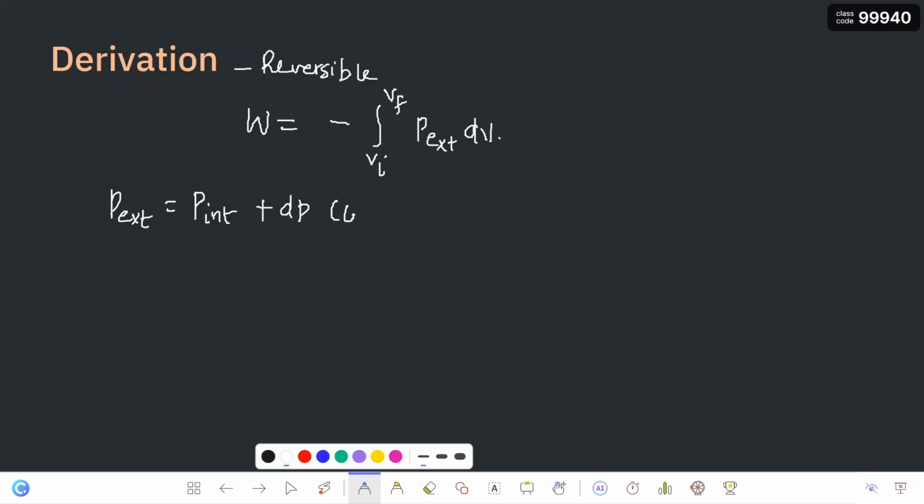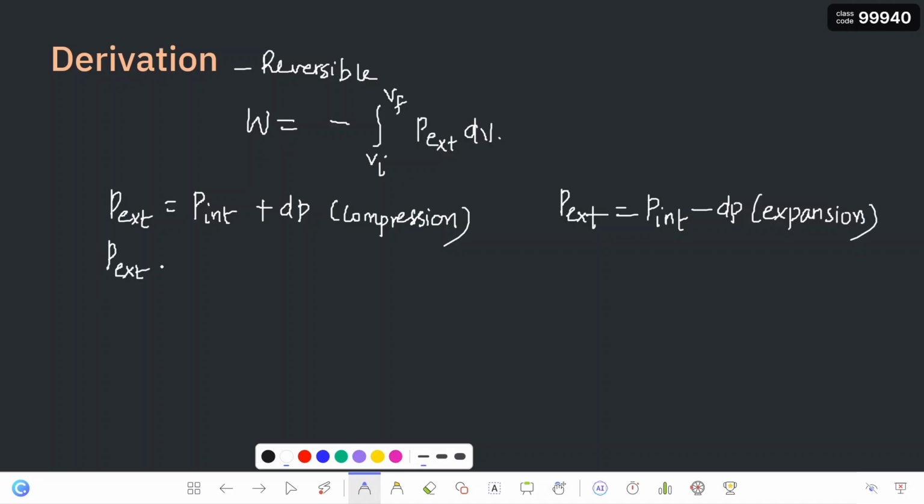If we are doing the compression, it can be plus dP because we are applying some pressure. And in the case of expansion, we will release the pressure, so the pressure will reduce: P internal minus dP. So both can happen. Together we can write P external is equal to P internal plus or minus dP.